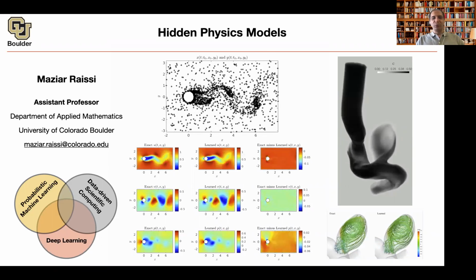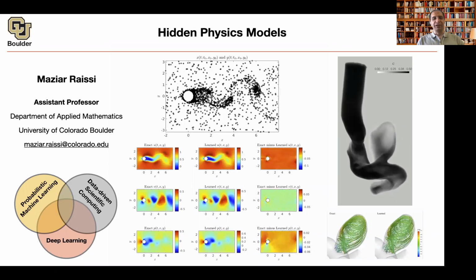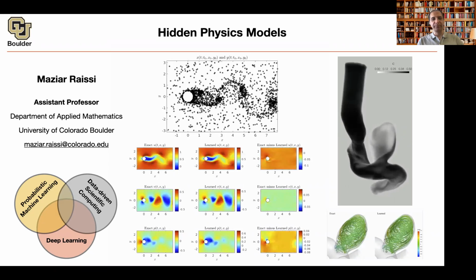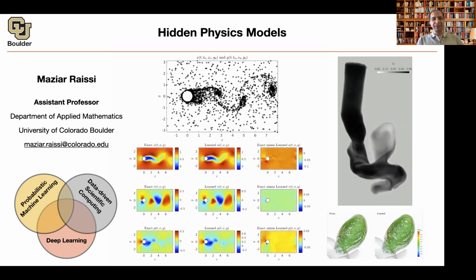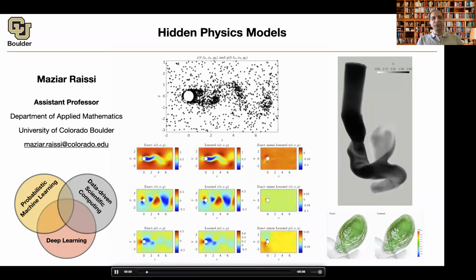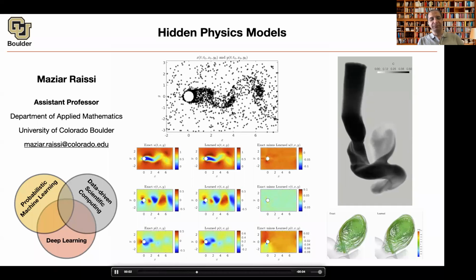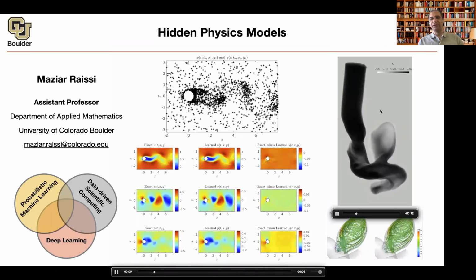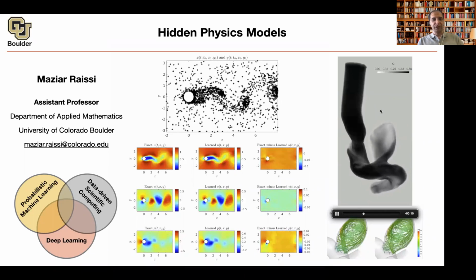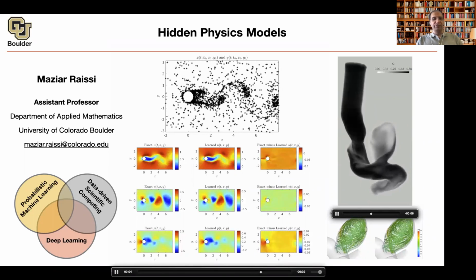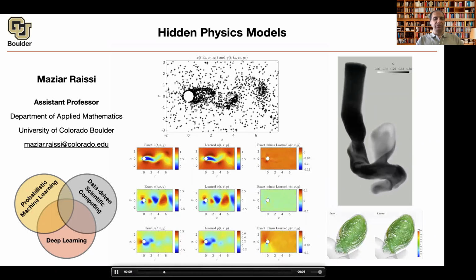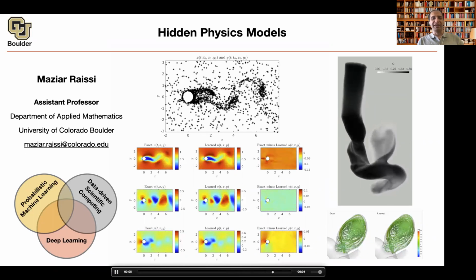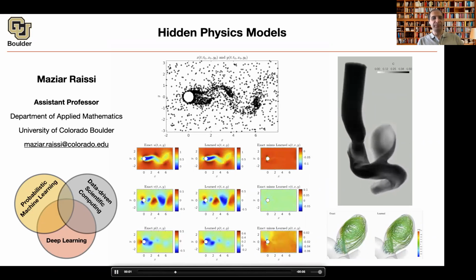The idea is that you want to marry data and equations. For instance, in the figure on the left, you have external data for external flow. And in the figure on the right, you have internal flow. Data could be in the form of a spreadsheet, for instance Excel or .csv.